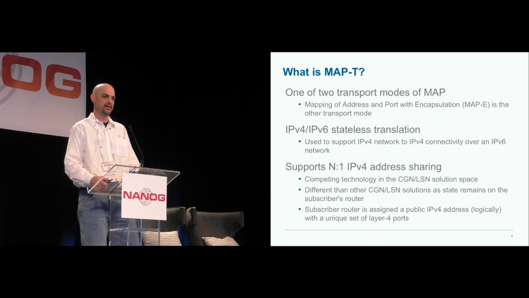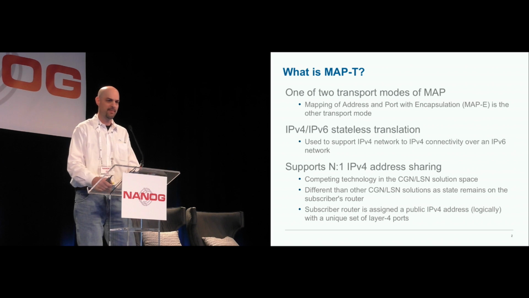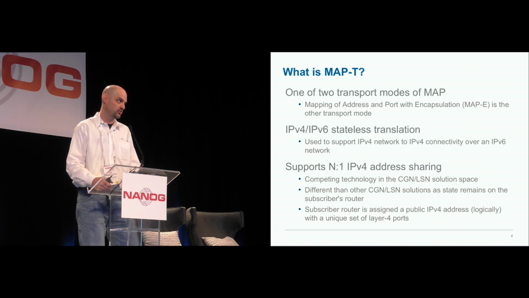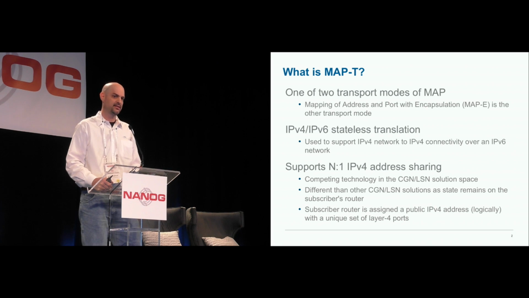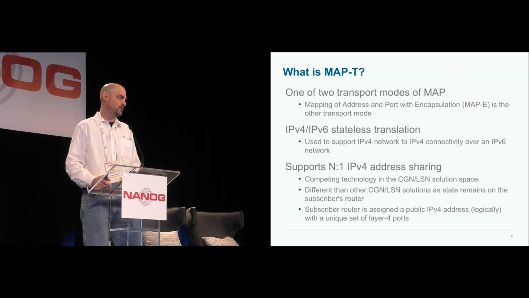So what is MAP-T? It's one of two transport modes of the parent technology MAP, which aims to transport IPv4 over an IPv6 domain. Now, MAP-E uses encapsulation. It uses the same encapsulation as DS-Lite, where an IPv4 packet is prepended with an IPv6 header and transported across the network in that way.